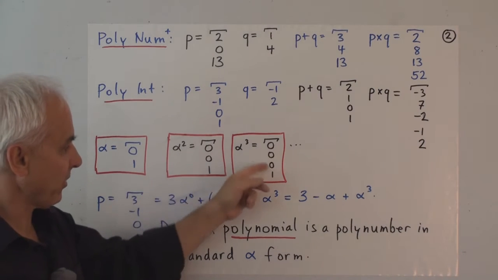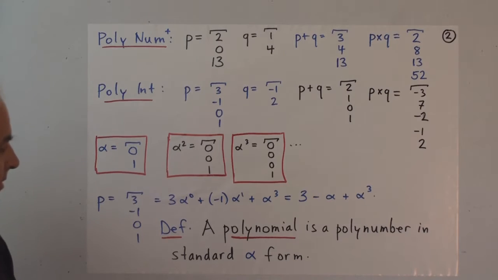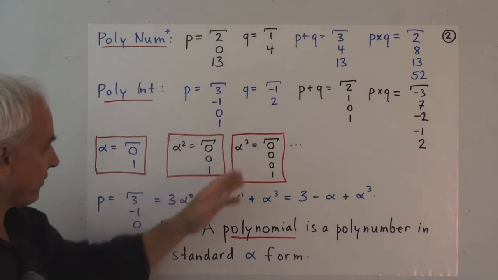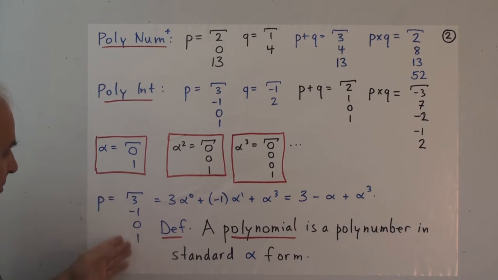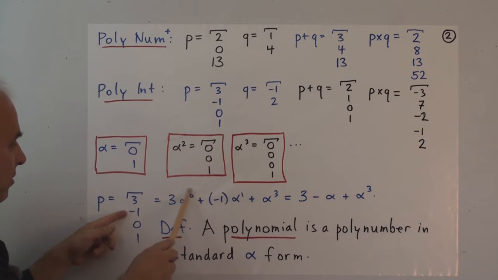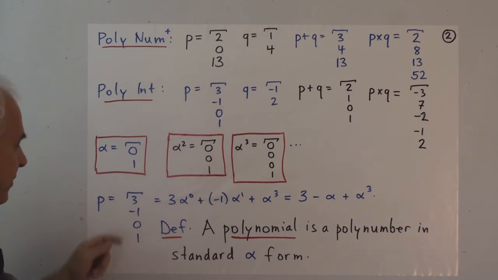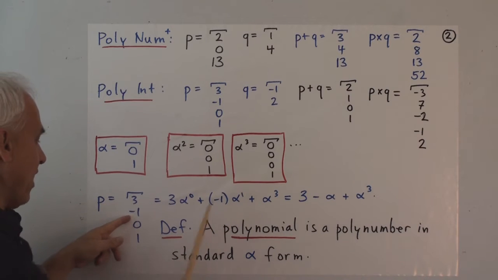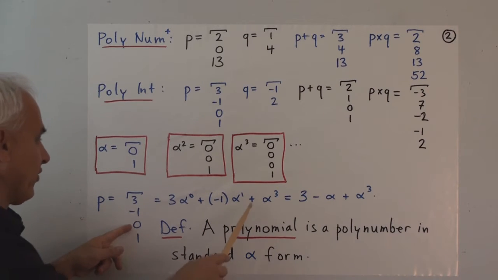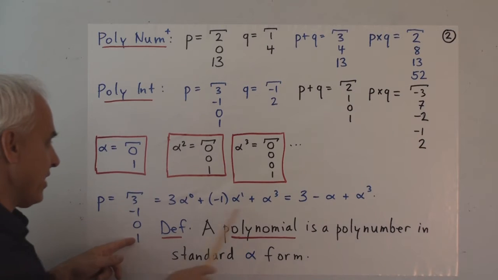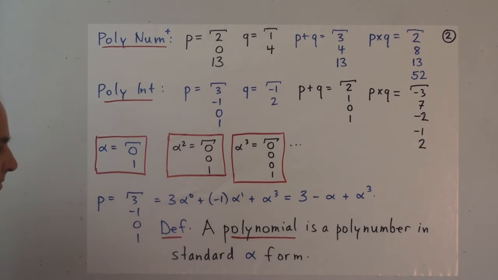Alpha cubed is this one with 3 zeros, and so on. And with the help of these powers of alpha, we can write an arbitrary polynumber like this as 3 times alpha to the 0, by convention that's just like 1, plus minus 1 times alpha to the 1, plus 0 times alpha to the 2, and 1 times alpha cubed.